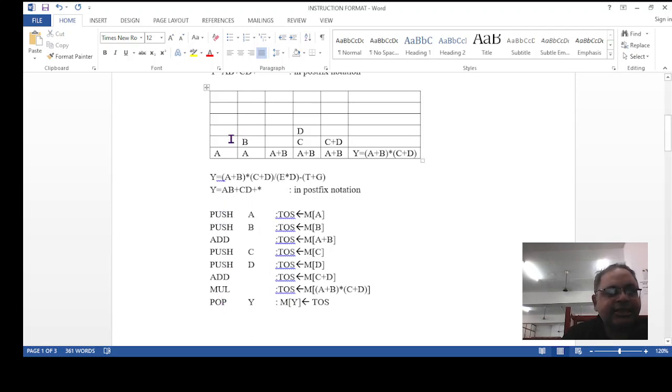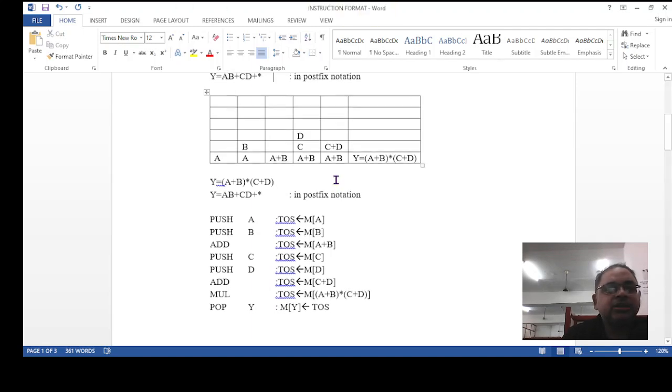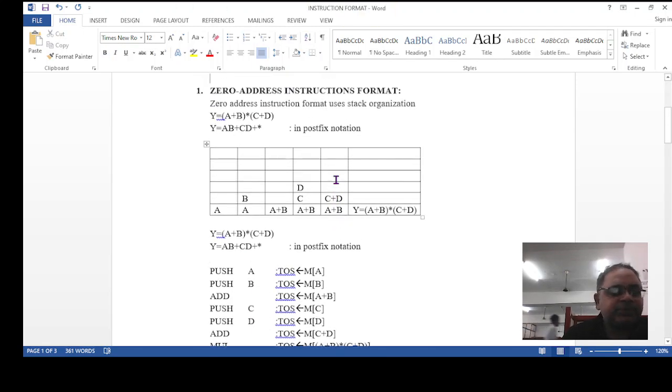Here in this table, the stack is shown to evaluate an expression in zero address format. I have deleted the previous long example, where things become typical, for ease of explanation.